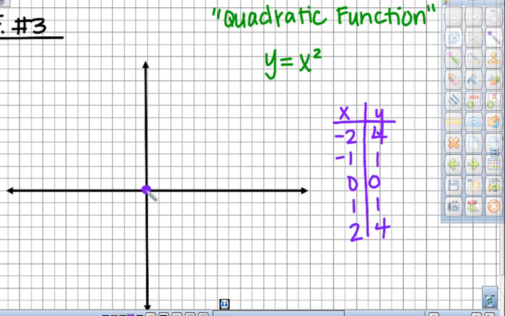So I can go 1, 1, -1, 1, 2, 4, or -2, 4, and graph my parabola. Arrows on both ends. And remember, you have this axis of symmetry that cuts it down the center, and all points on one side should reflect to the other.